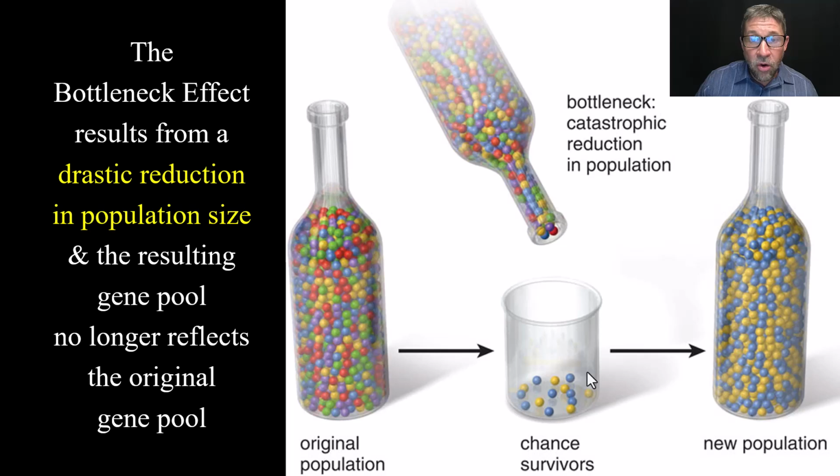The handful of survivors that do make it through the bottleneck, when they numerically rebound, or if they numerically rebound, even though the population size has grown large, if you look, there has been a major loss of genetic diversity. The diversity of alleles, as represented by the colored marbles, is now greatly reduced.